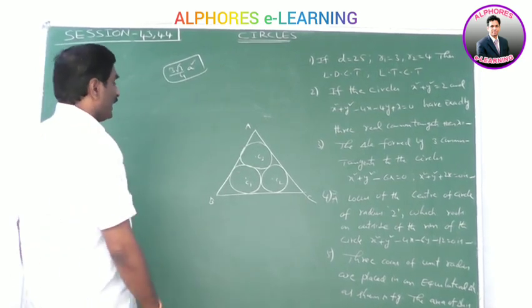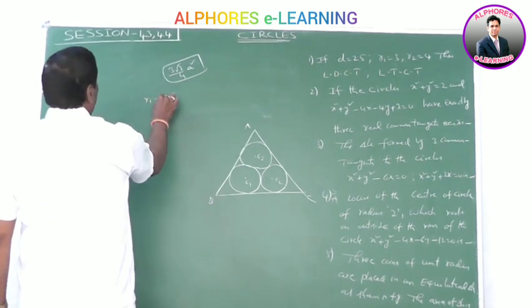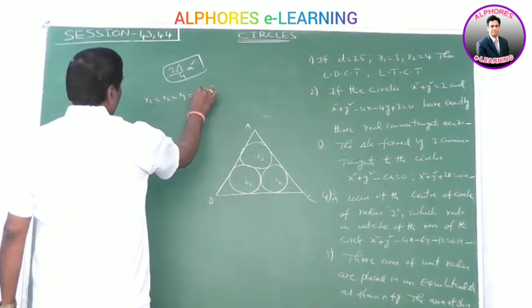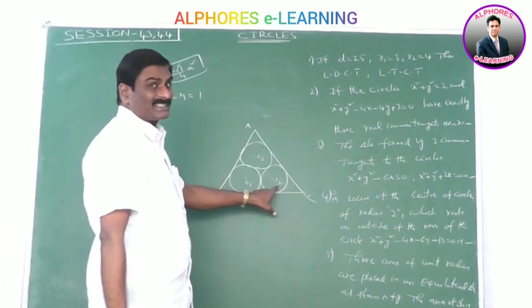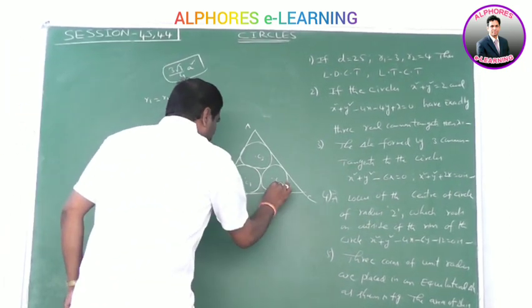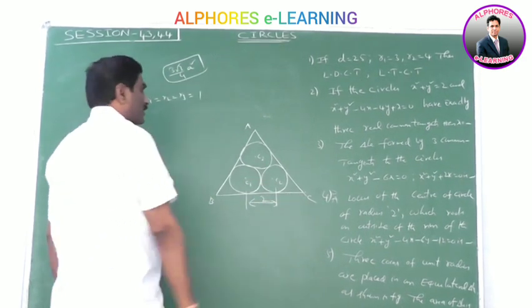Please observe this point. It is the first circle, second circle, third circle, with radii R1 equal to R2 equal to R3 equal to 1 unit. Here the two circles touch each other, so the distance between the centers is R1 plus R2, that is 1 plus 1, 2 units.